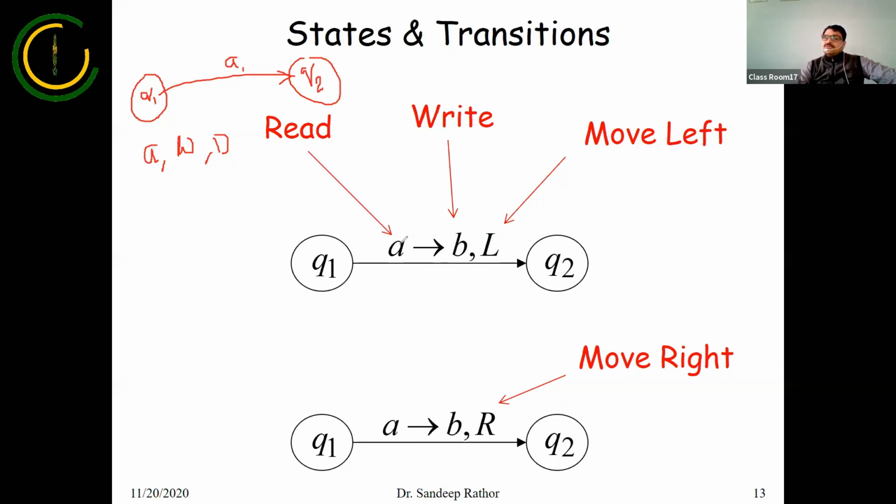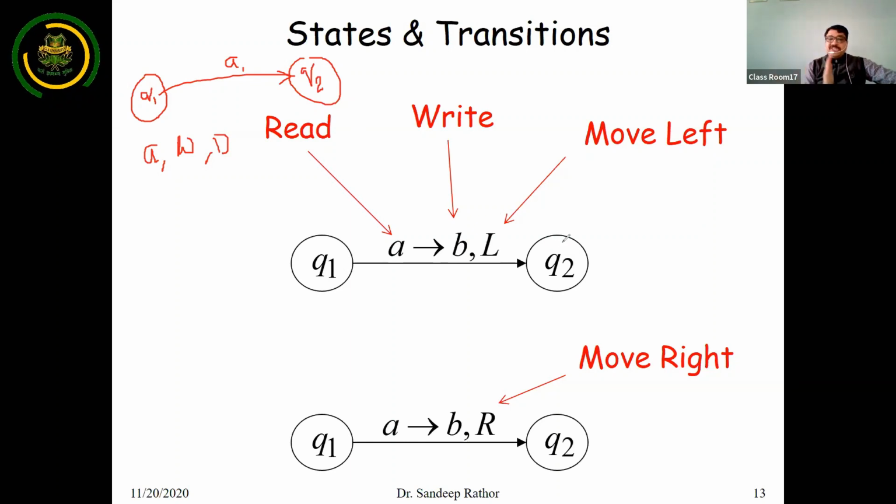First symbol is used as read, second symbol as write, and third symbol as direction. What does it mean? It means that you are in state Q1. Whenever you read A from the tape, then you write B in place of A, and head will move to the left direction. And now you are in state Q2.